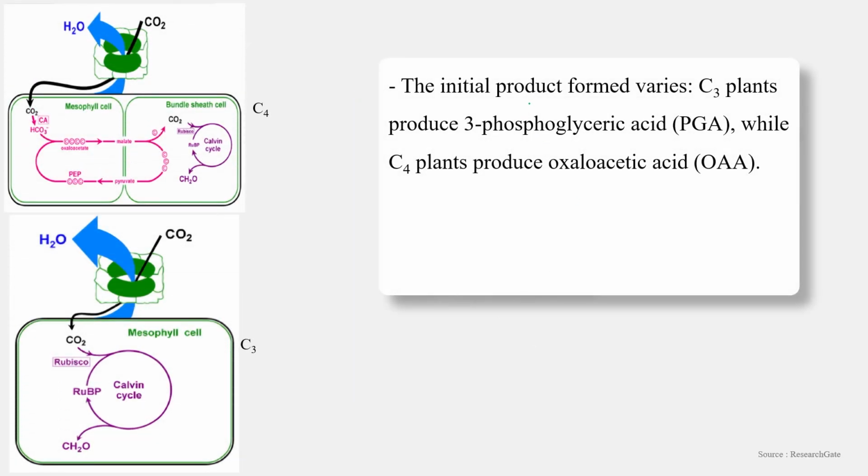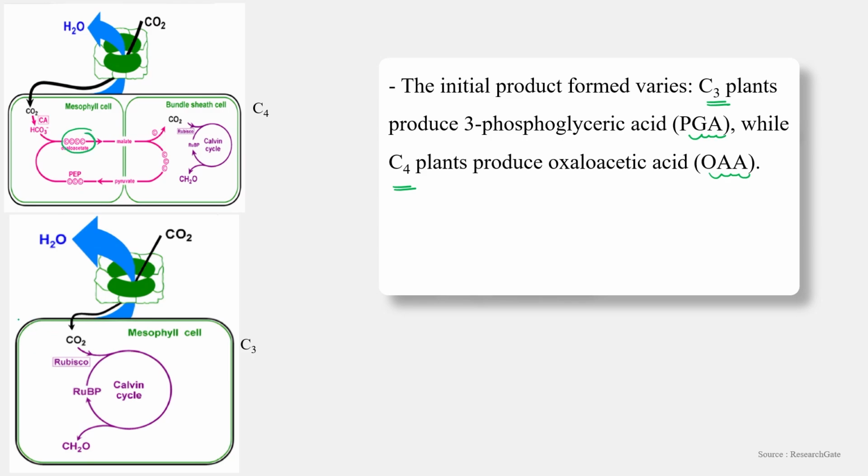Okay, so the initial product which is formed can vary. There are two types of plants, C3 plants and C4 plants. In C3 plants, the first product is 3-phosphoglyceric acid, PGA, 3-PGA, right? While in C4 plants, the first product is oxaloacetic acid, or OAA.